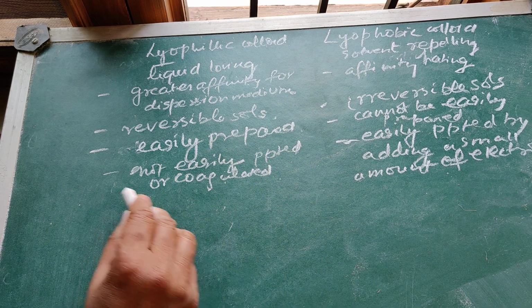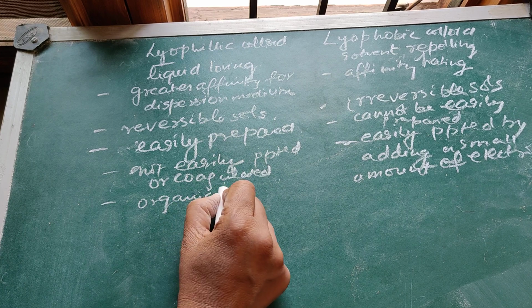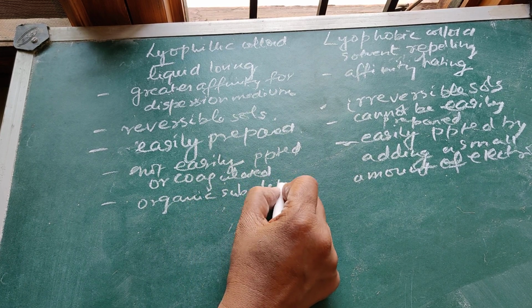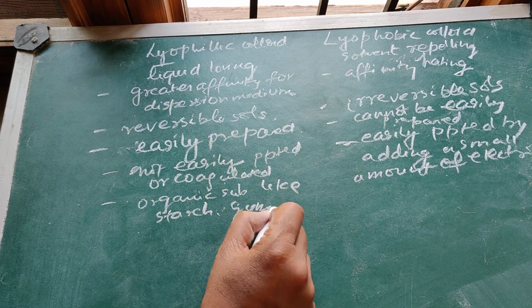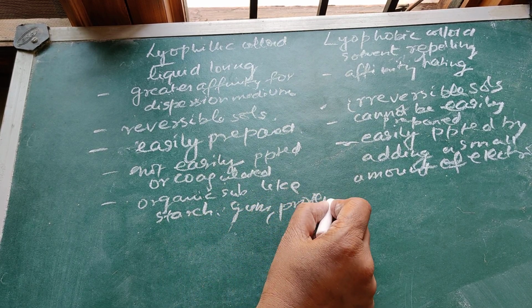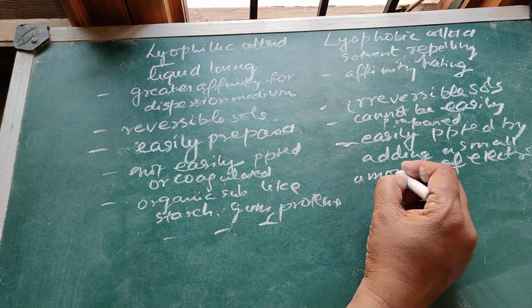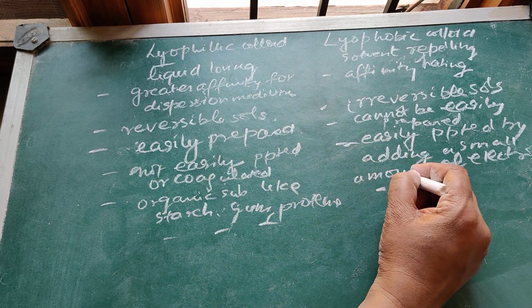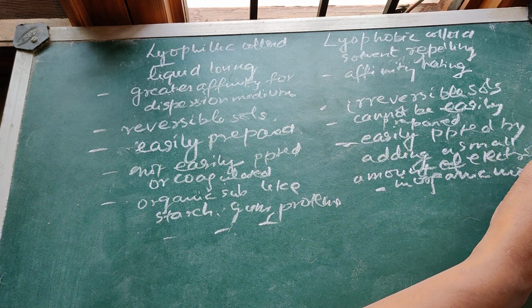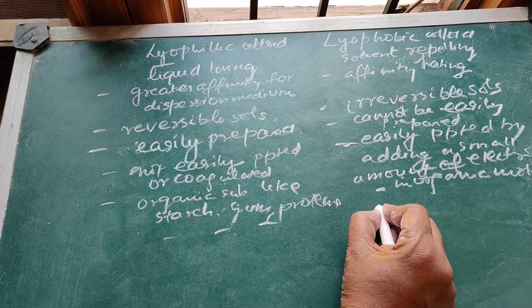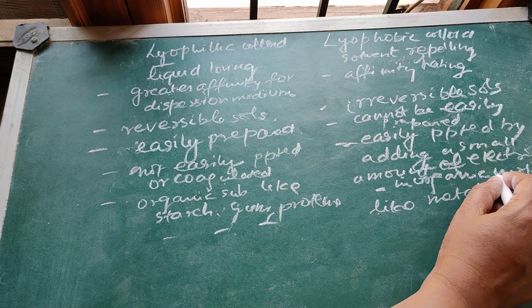Then these are formed from organic substances like starch, gum, proteins. They are all water attractive. These are formed by inorganic material molecules like metals, sulfides, and so on.